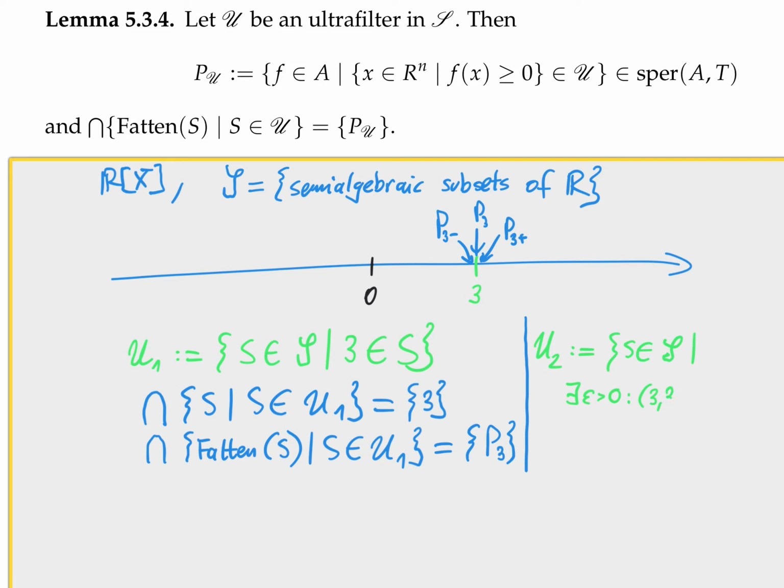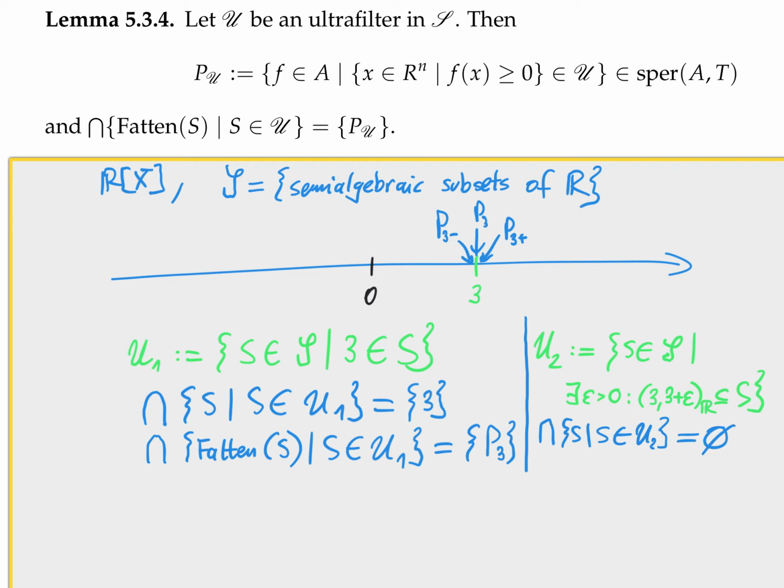So 3 plus epsilon is contained in S. Yeah, that's an ultrafilter, easy to show. And it wouldn't be, by the way, if I included here the 3. Okay? And then now the intersection over all S in U2 is actually empty.